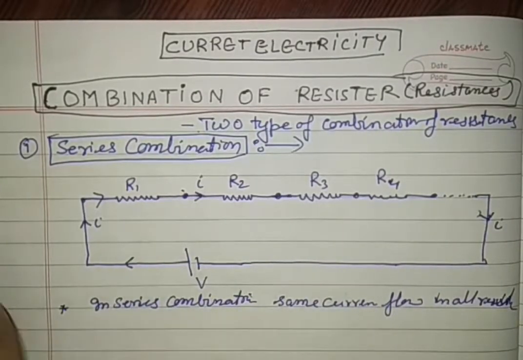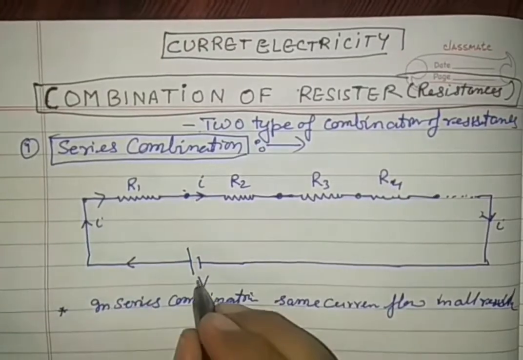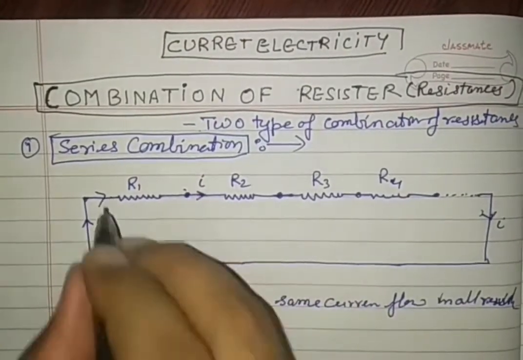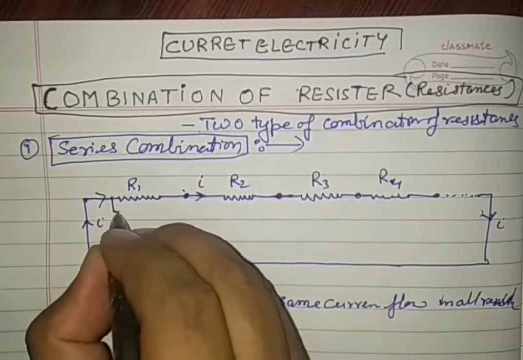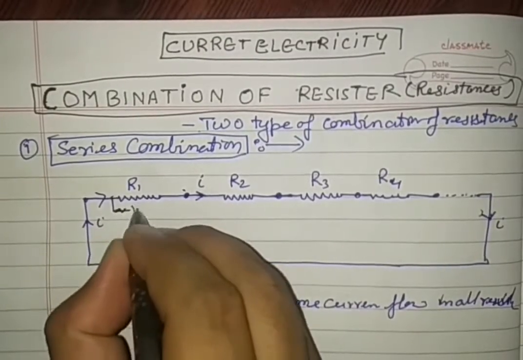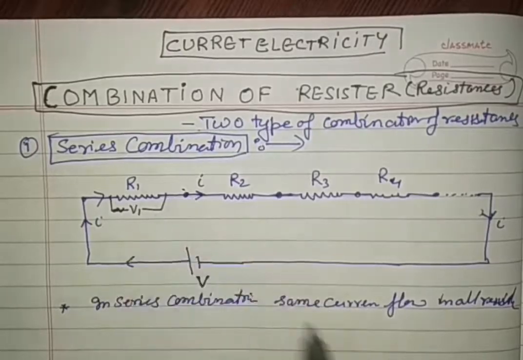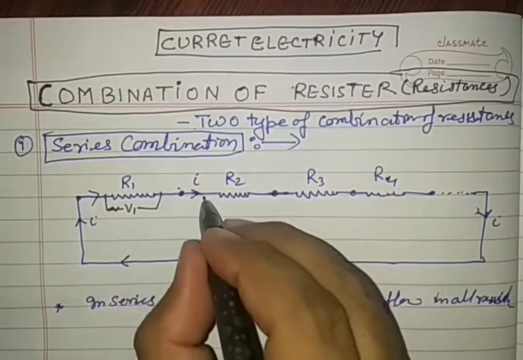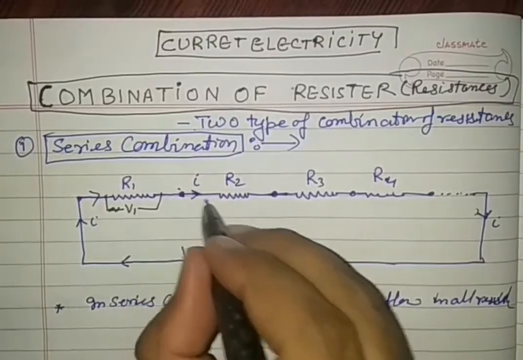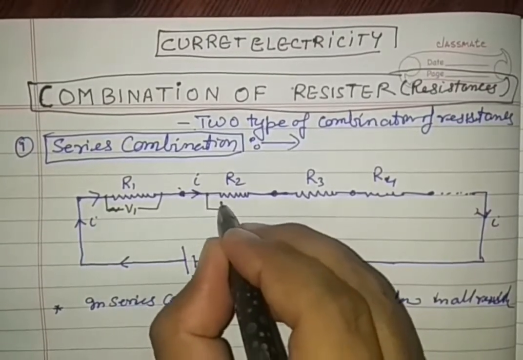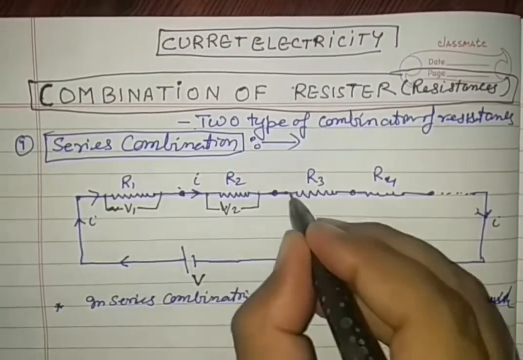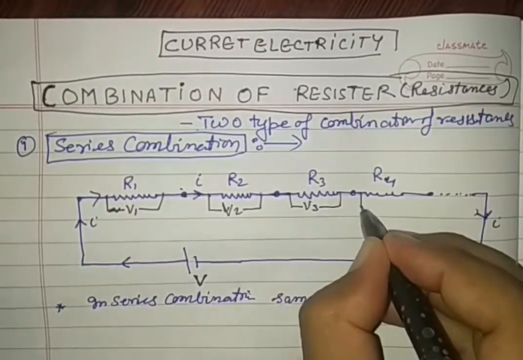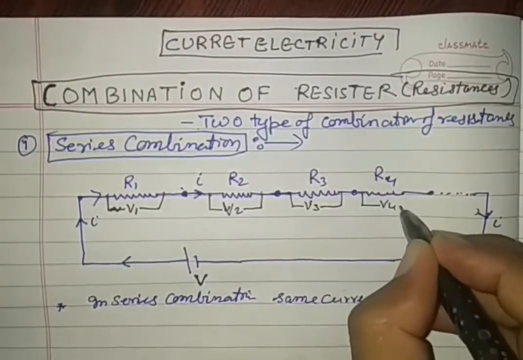But see, the applied potential of the cell is V, but this potential is divided among each resistance. Let V1 be the potential difference across the first, V2 across the second, V3 across the third and V4 across the fourth.